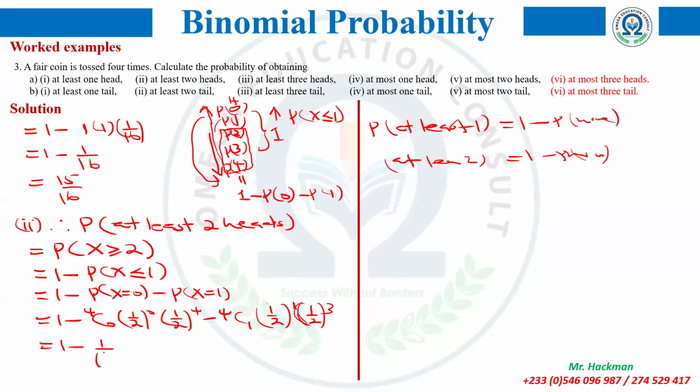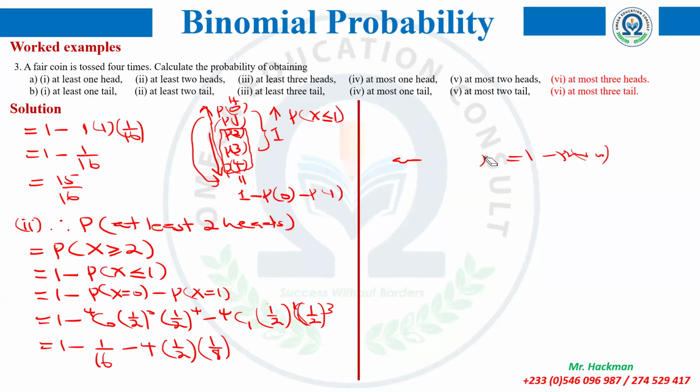Is that clear? Then minus, this will give us 4, this will give us 1 over 2, and this gives us 1 over 8. From here, you are more than capable of proceeding. Are you sure you are following? Okay, great, thank you.